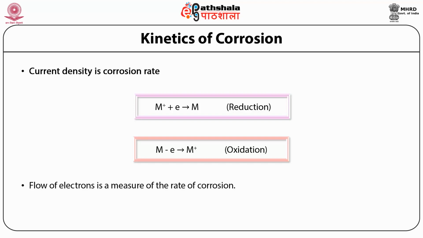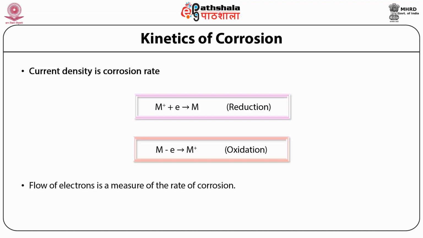When the reduction and oxidation reaction rates for a single electrode reaction, for example M^(n+) + ne⁻ gives us M, are equal at equilibrium conditions, there will not be any net loss of metal in the form of ions or net deposition of metal.